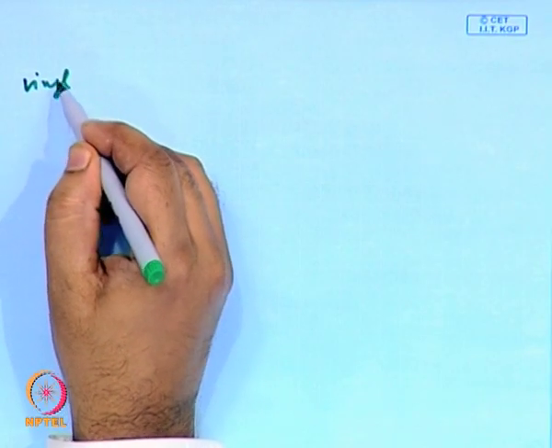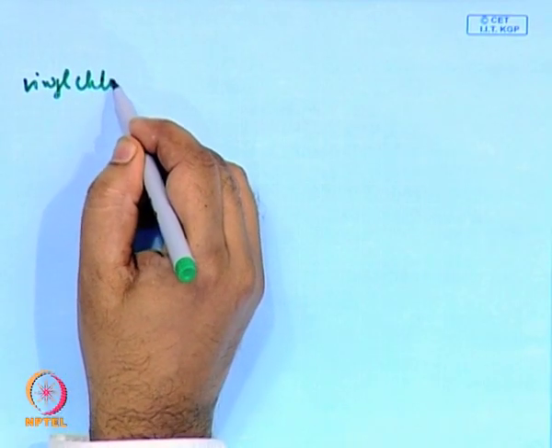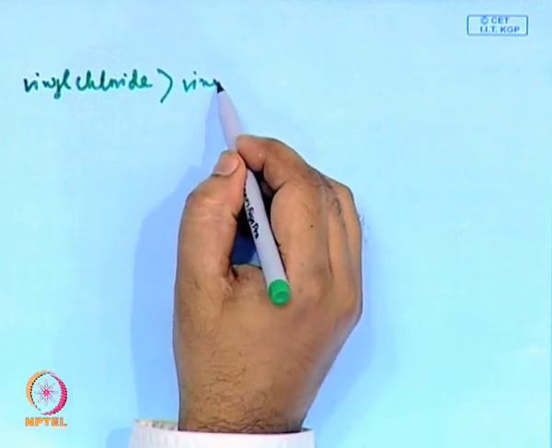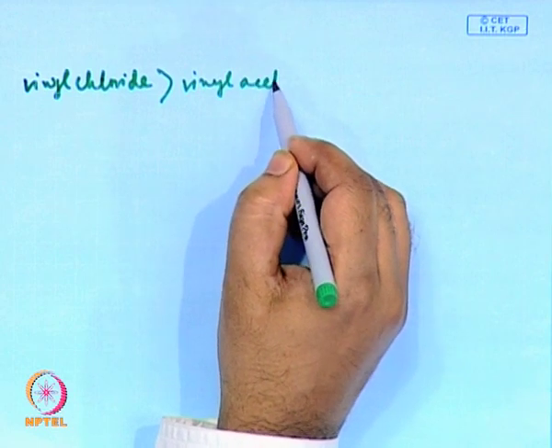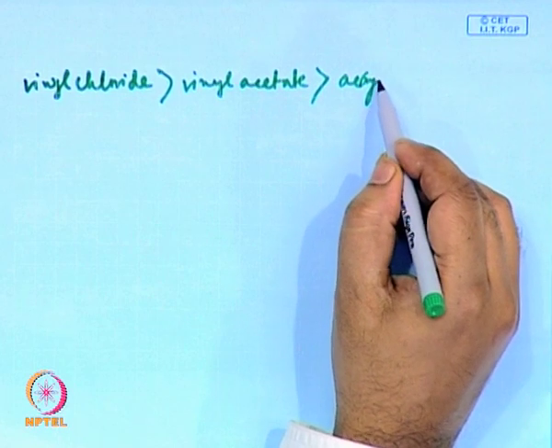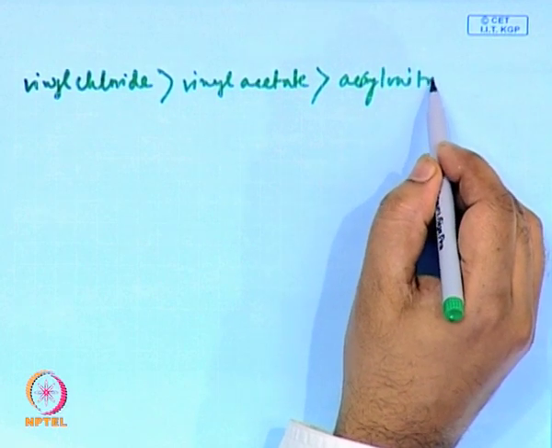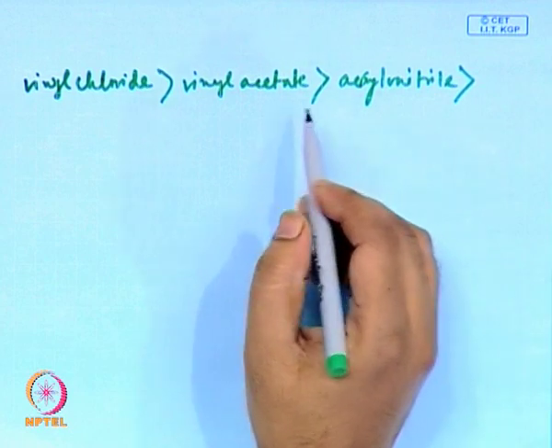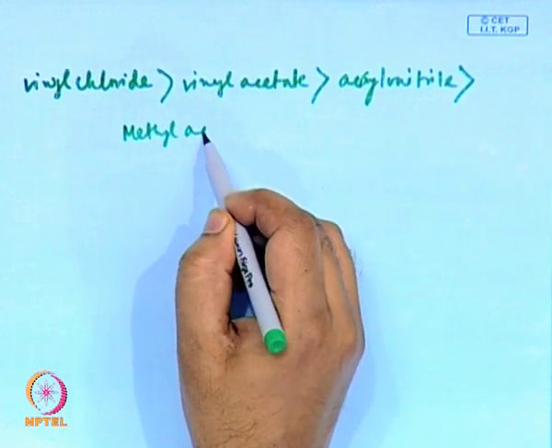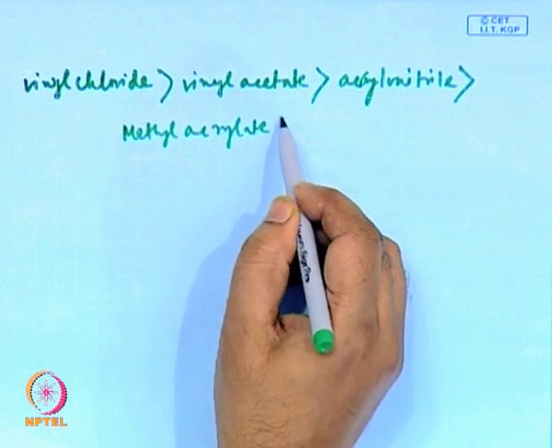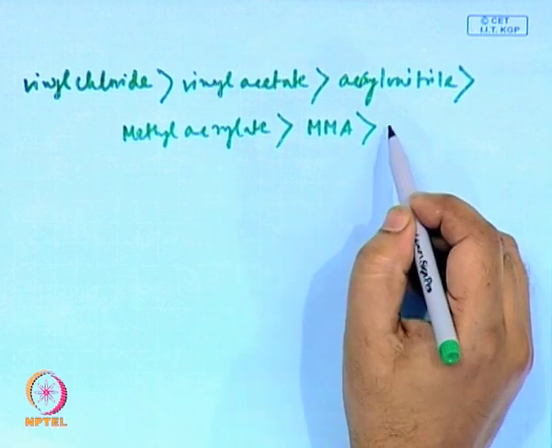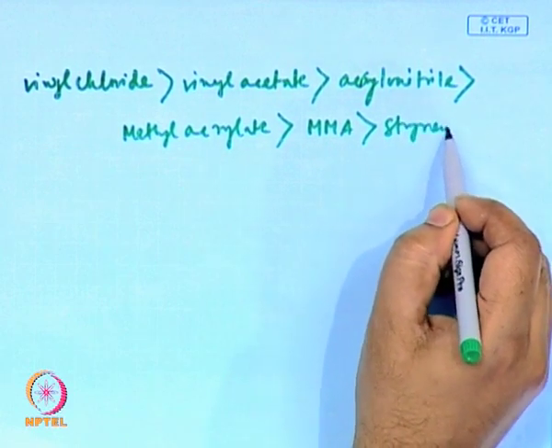It is vinyl chloride higher than vinyl acetate, acrylonitrile, methyl acrylate, methyl methacrylate, styrene, and so on.